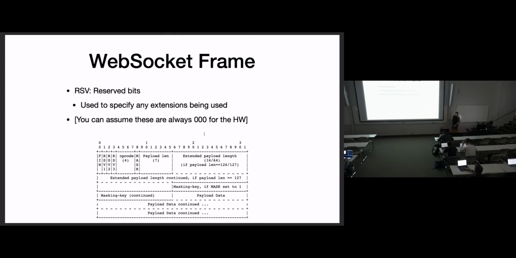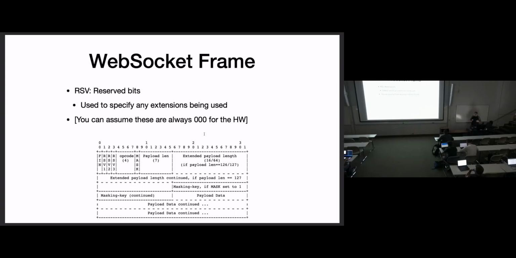Reserve bits, we're going to assume these are 0, 0, 0. Reserve bits 1, 2, and 3 form a 3-bit reserve code. We're not going to use these. These are built into the protocol to attempt to future-proof WebSockets. So if another protocol comes along that wants to be built on top of the WebSocket protocol, so still using that WebSocket handshake, but then using something else for the rest of the frames, then they can use these reserve bits.